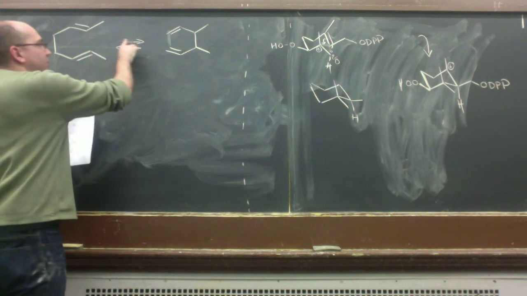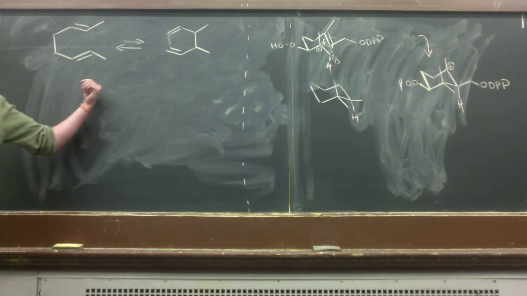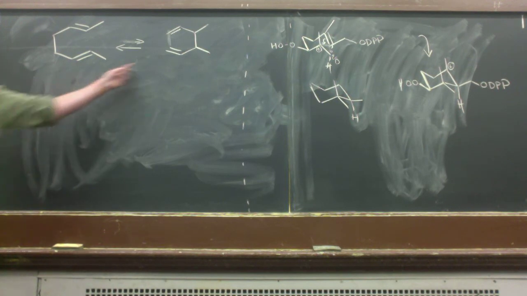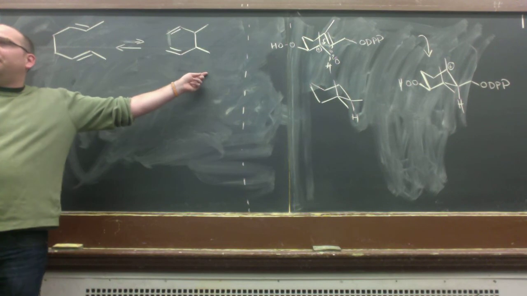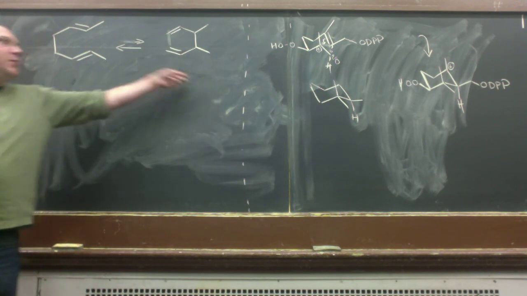Because in principle, the equilibrium is going to lie this way. So you can certainly predict what the minor equilibrium component would be, but in principle it would go the other way.